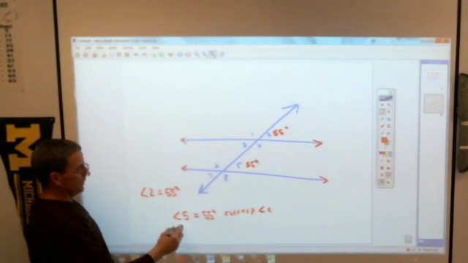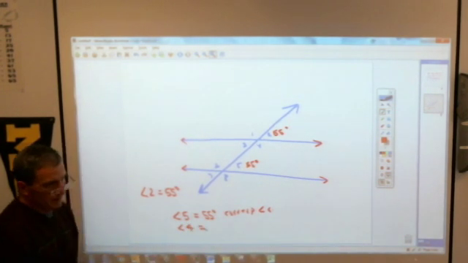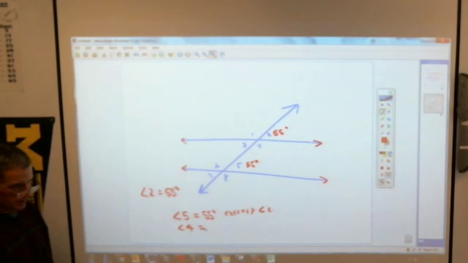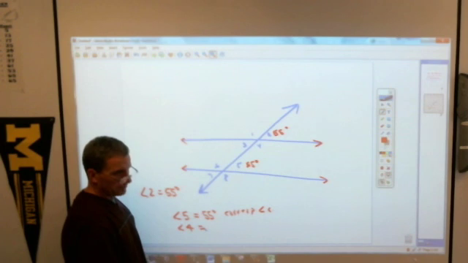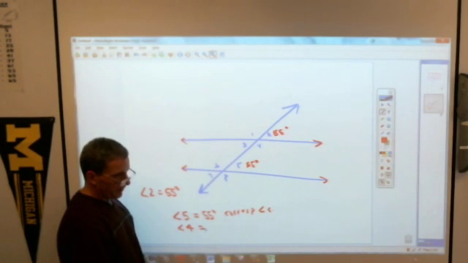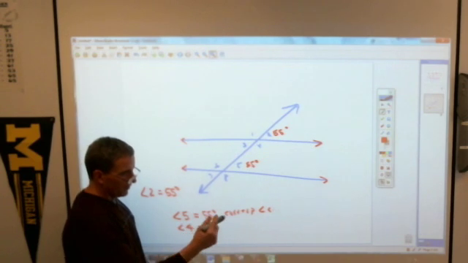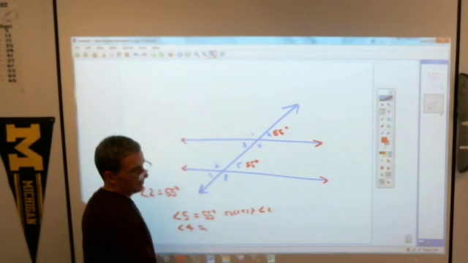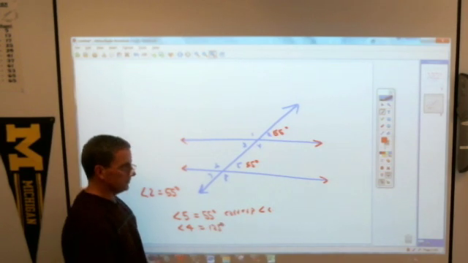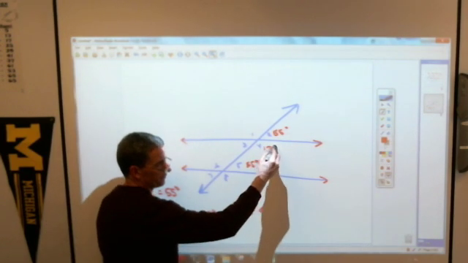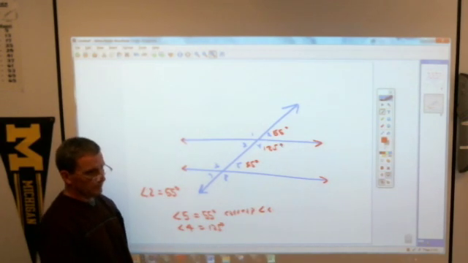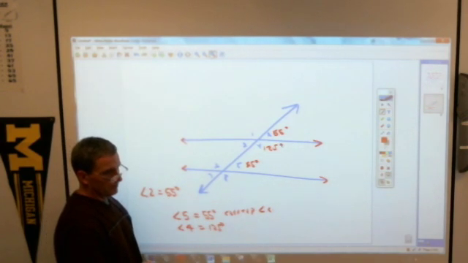Then if I ask you what angle 4 is, Caleb Fisher? Tough math there now. You can do it, I know you can. 125 degrees. And why, Caleb Fisher? Because of two parallel lines cut by a transversal... Uh-oh.